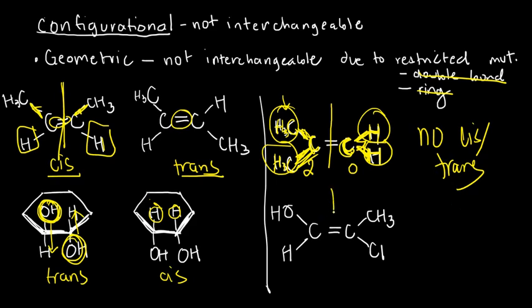This is another example. Normally, what we try to do is that for each of these two carbons, I'm going to try to find something that's common in both and then compare them. Normally, our choice is hydrogen, right? So that means if I'm going to assign this the cis or trans, I should find hydrogen on the other side. No hydrogen here, no hydrogen here.